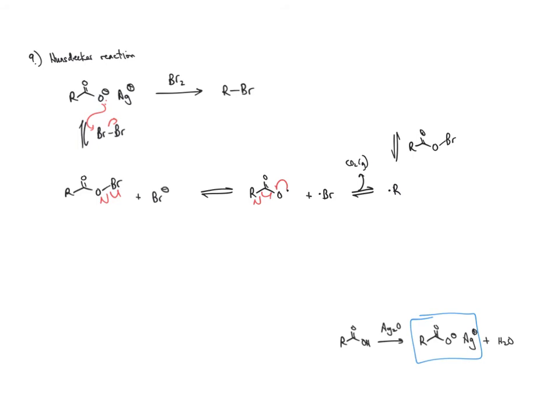And so you're going to get a bromination event happening to generate your R-bromine bond plus the carboxylate again. And the carboxylate can then go back to the beginning and brominate once more, and it, of course, recycles. So this is another type of radical mechanism that gives a new way of making alkyl bromides.